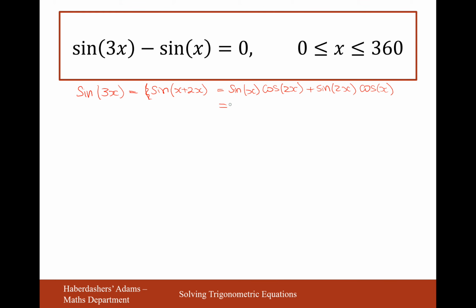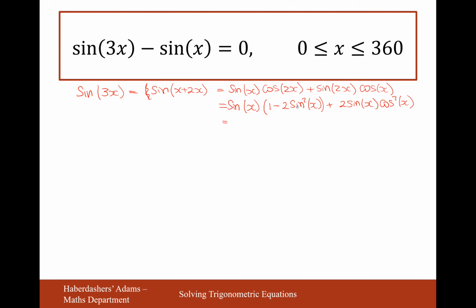The next thing I do is turn all of the cos 2x and sine 2x identities into a single angle, preferably the sine version if they have a certain version. This one would be 1 minus 2 sine squared x. And then this one here would be 2 sine x cos x, but we already have a cos x at the back, so that would now be cos squared x.